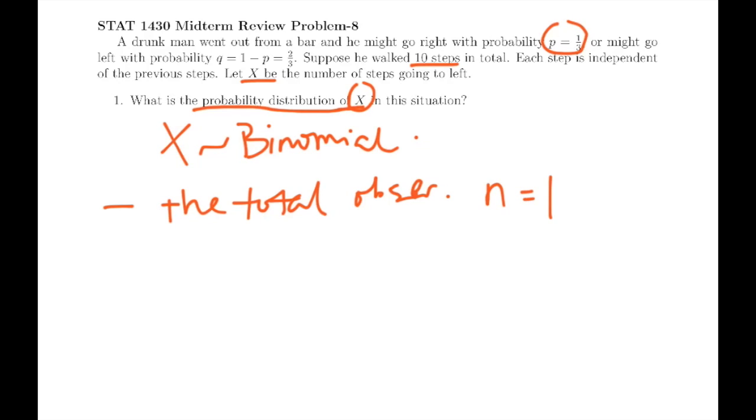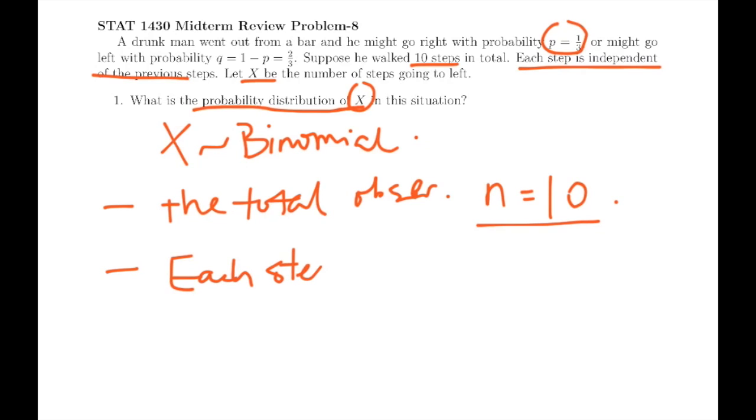That is, this person can go at most 10 steps, and this number 10 is fixed. The second criterion is that each observation is independent. This is given in the problem, so each step is independent from each other.